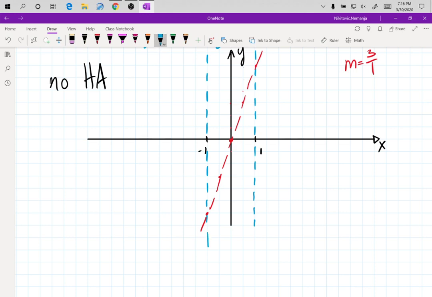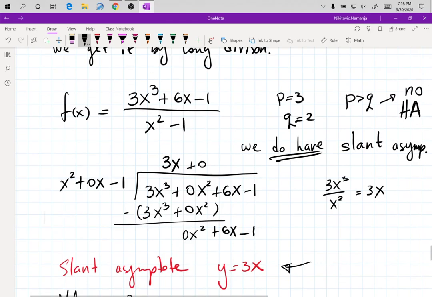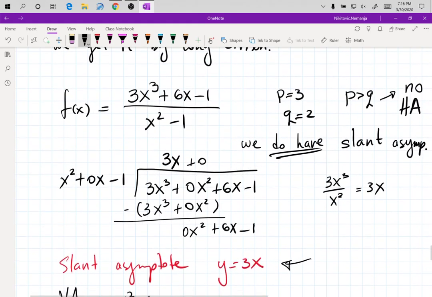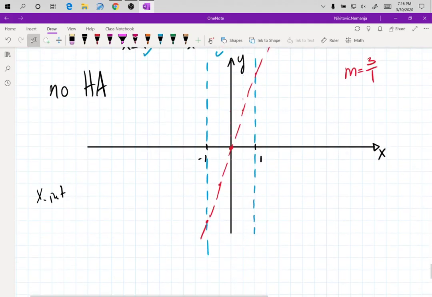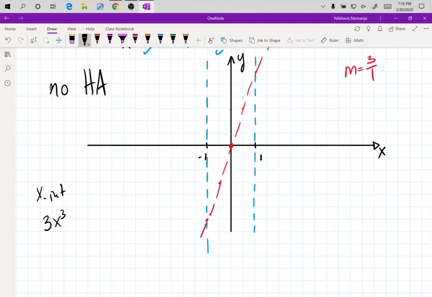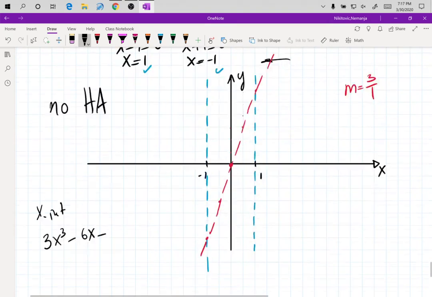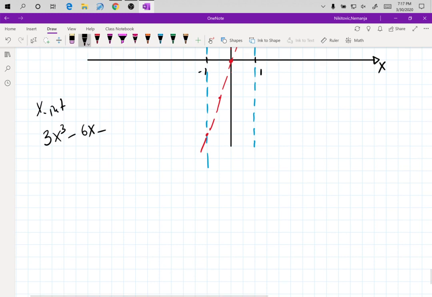Okay. First order of business is to calculate our x-intercept. So we're going to take our problem, 3x cubed plus 6x minus 1, and set that equal to 0.